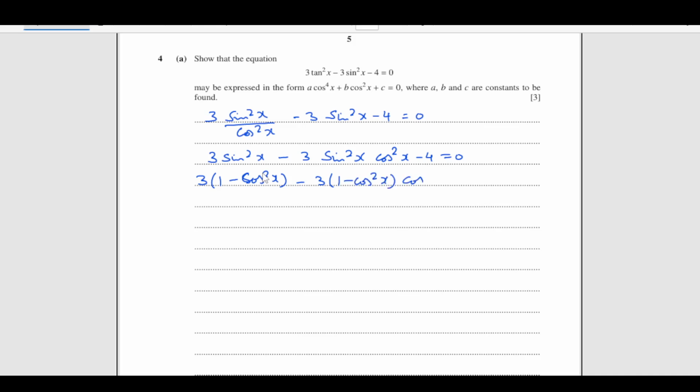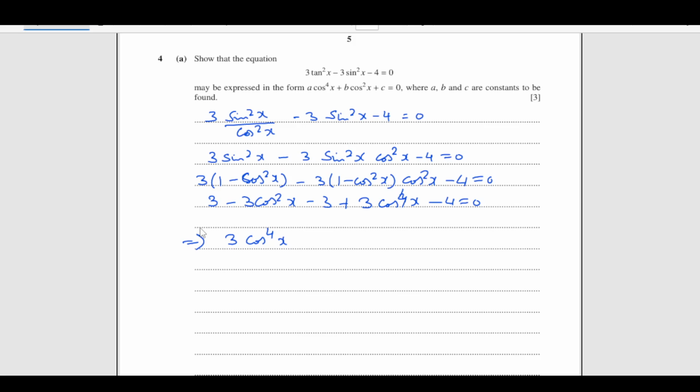We have this cos squared x separately, minus 4 equals 0. So let's rewrite 3 minus 3 cos squared x minus 3 plus 3 cos squared x.